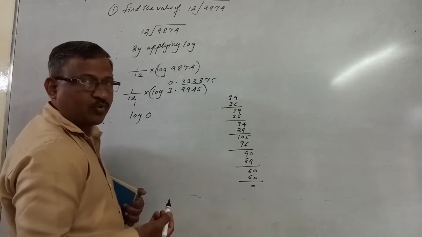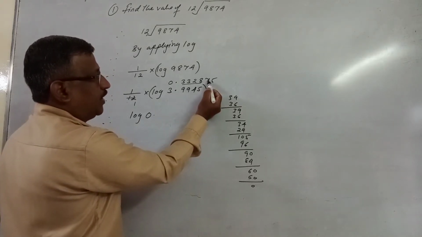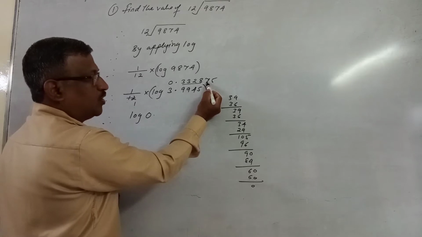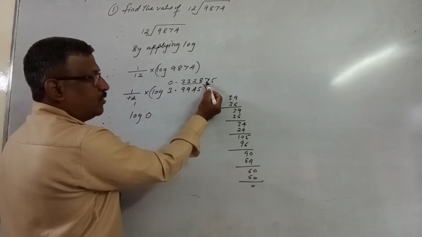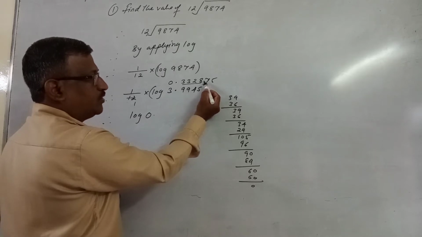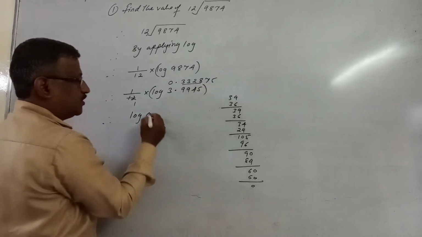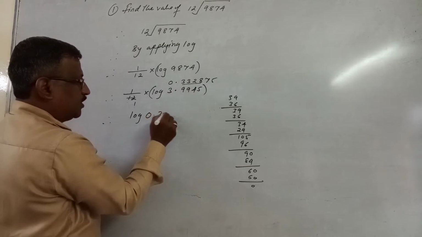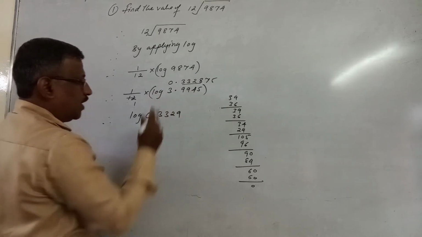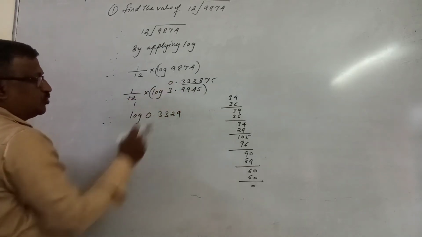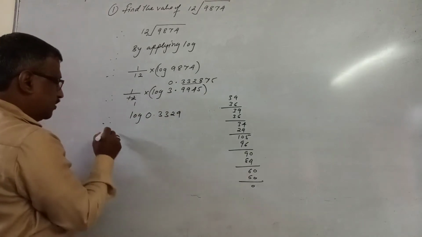This is the rule of approximation. So here after 8, the next digit is 7. This digit should be 5 or more than 5. Now this digit is more than 5, so I will increase this 8 by 1, so it is taken as 9. So after dividing this, it comes to 0.3329. Now what do I want?